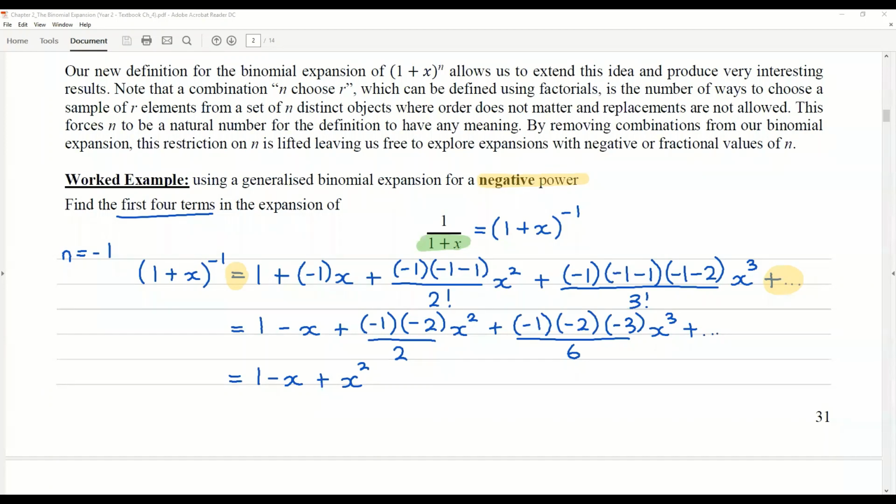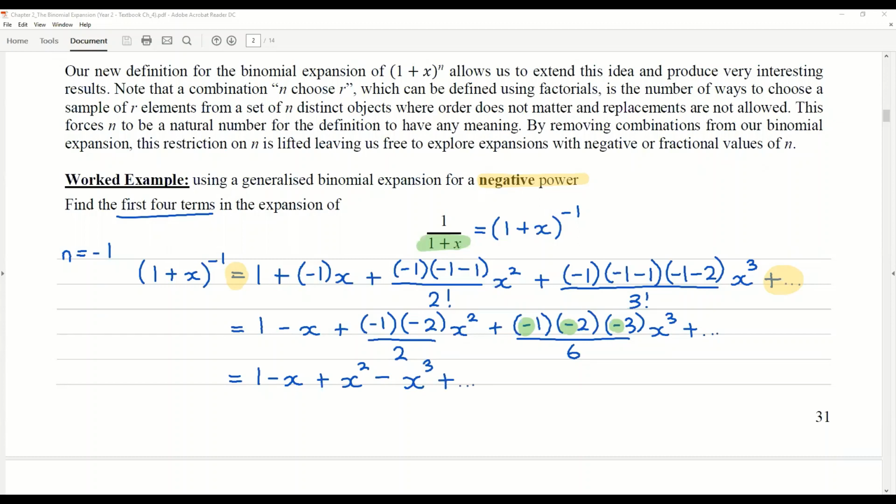Just bear that in mind. 3 negatives, 1, 2, 3. So an odd number of negatives means this is going to be a negative term. So before I do any work, I can put in a negative sign here. And then we have 3 multiplied by 2 multiplied by 1, which is of course 6, divided by 6, which is of course 1. And I have x cubed plus some other stuff.